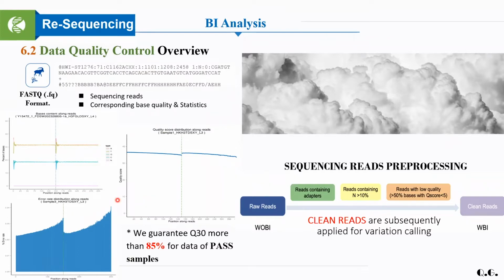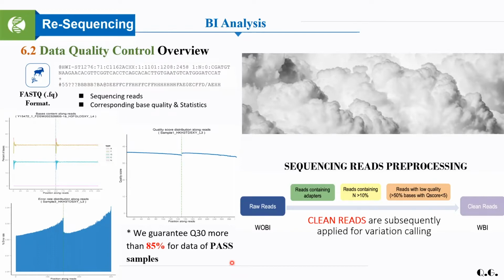In Illumina sequencing, we promise over 85% Q30 for the pass samples, which means over 85% of sequence space with 99.9% correct rate are promised. And this literally exceeds Illumina's official guarantee of 80%.